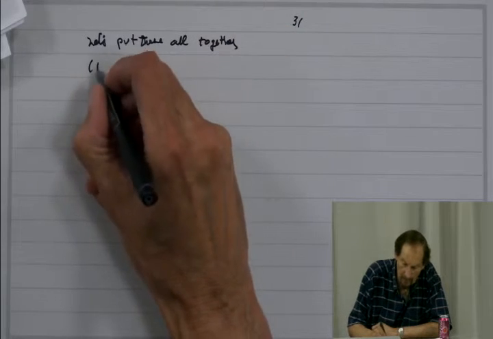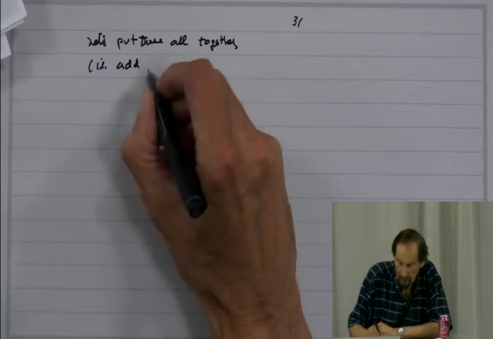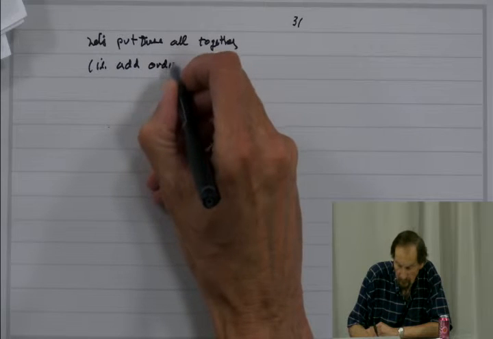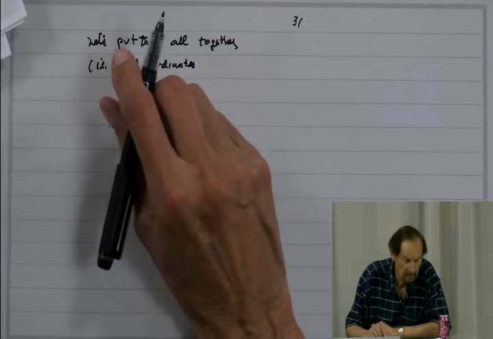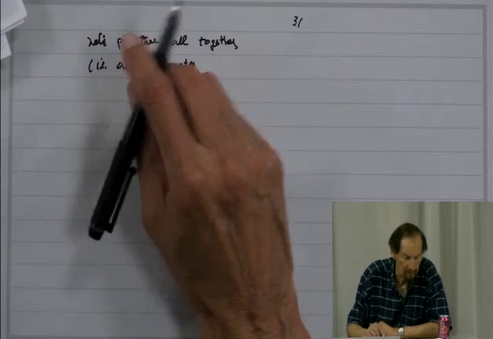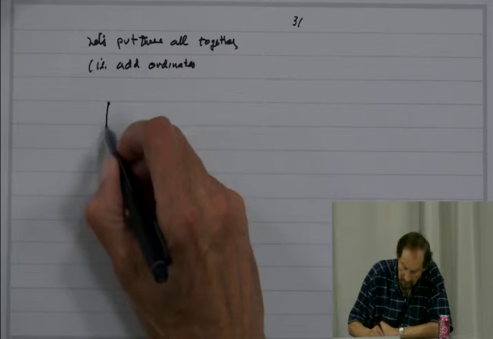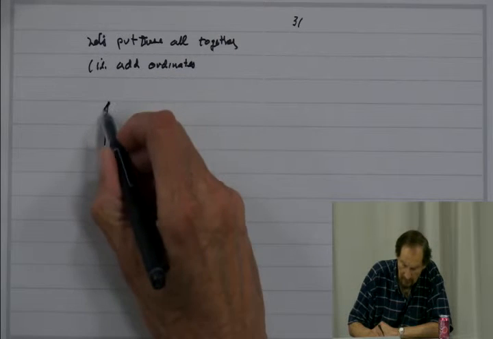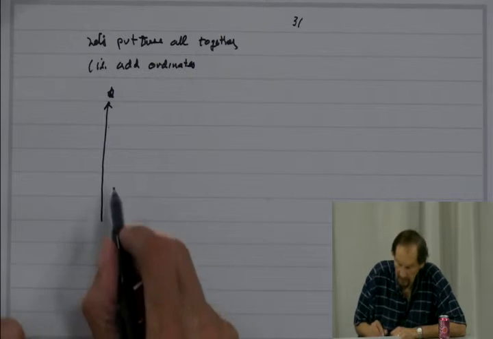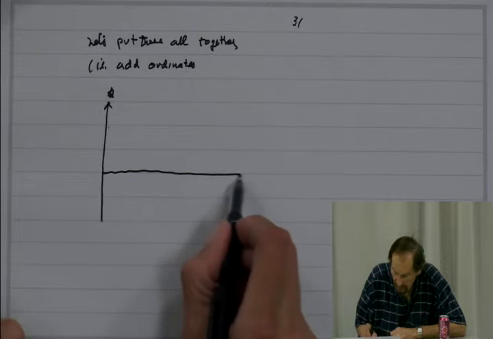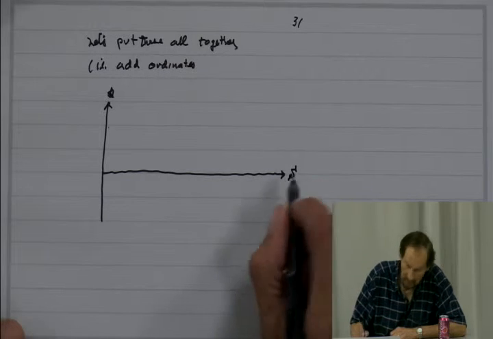Okay, in other words, we'll add the ordinates. Okay, and what do we have here? Let's look at dollars. And then let's look at the stock price. Okay, so what do we have?